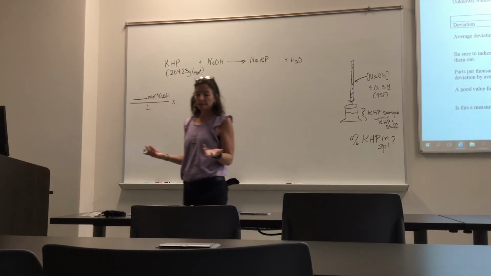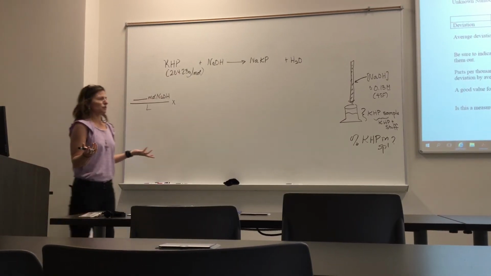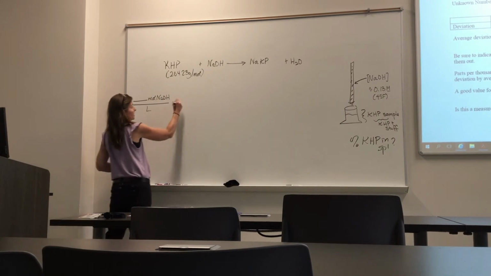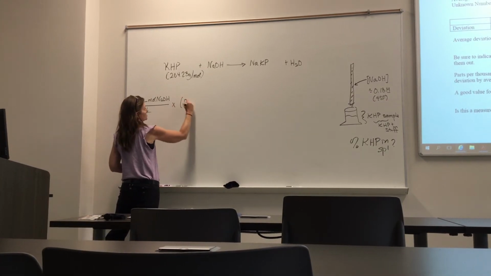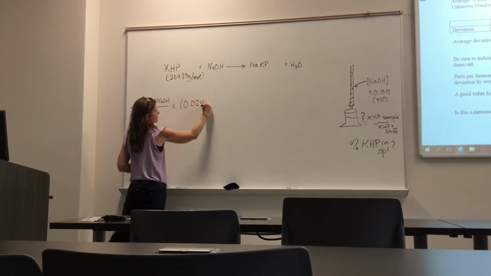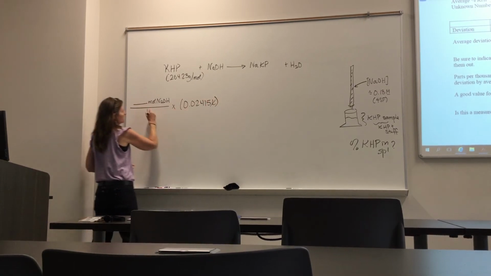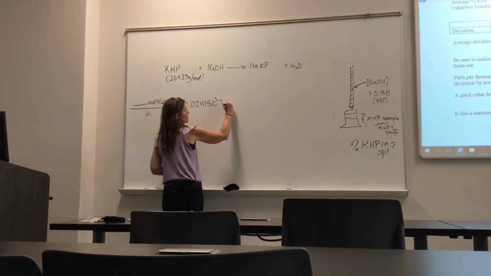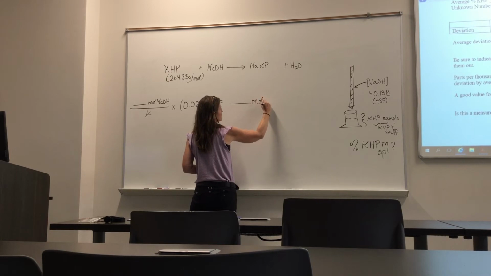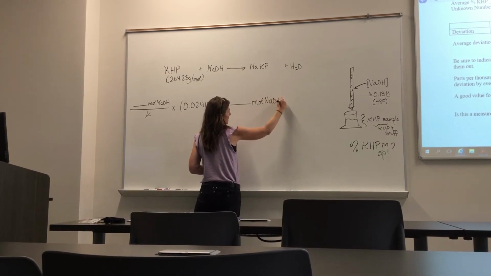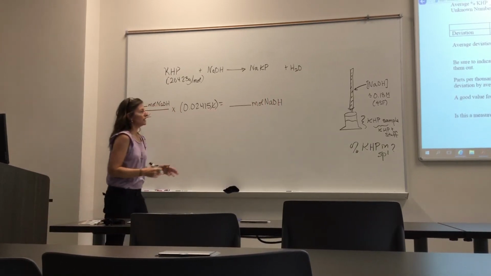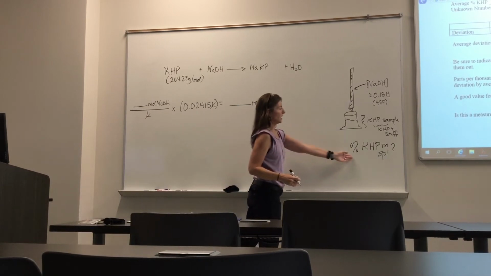And so let's say that I used 24.15. So again, this is in liters, so 0.02415. And that's going to get me to the moles of sodium hydroxide. But I can't stop there because, again, I want to end ultimately with KHP.